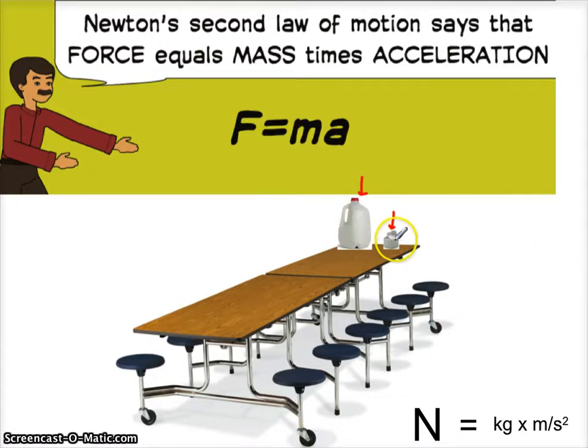Say you had two of these little cartons instead of one carton and one jug. To get one to go faster, you would have to increase the force on it for one to go faster than the other.